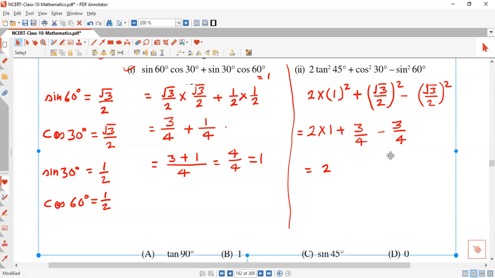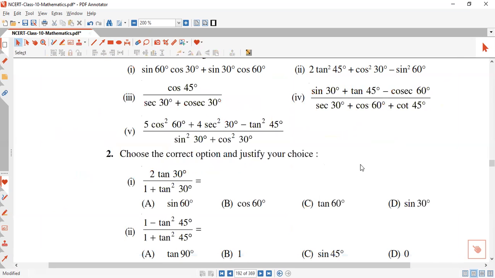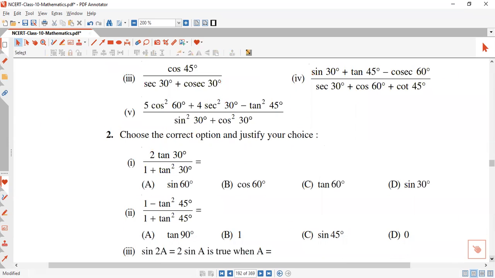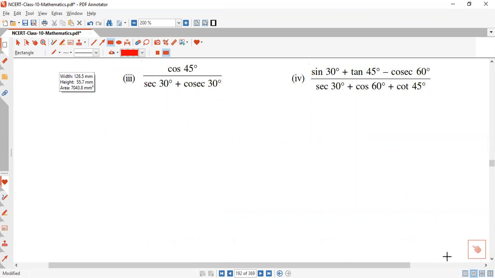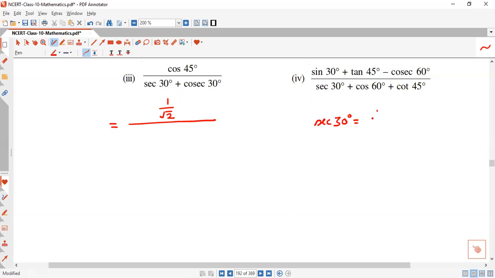Now I want to solve the third part of this question. Evaluate it. Given this question, this is a rational type function, with a numerator and a denominator. So we say cos 45 degree, we know the value of cos 45 degree is 1 upon root 2. And we know sec 30 degree. Sec 30 degree is equal to what? Basically, sec 30 degree is the reciprocal of the cos function, 1 upon cos 30 degree.